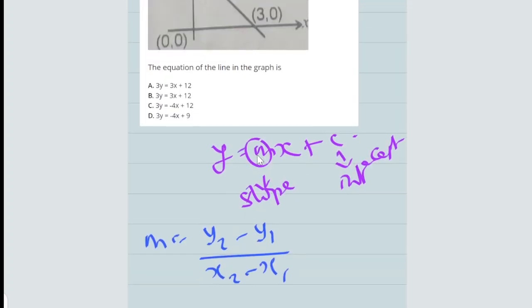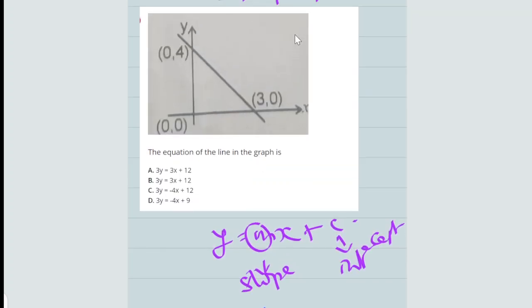So what is your y2 here? If I were you, this is your x2, this is your x1, this is y1, and this is y2.